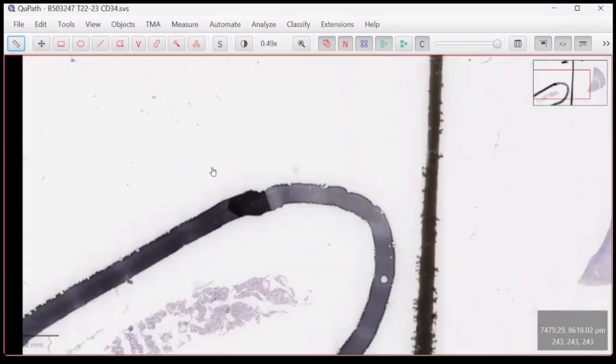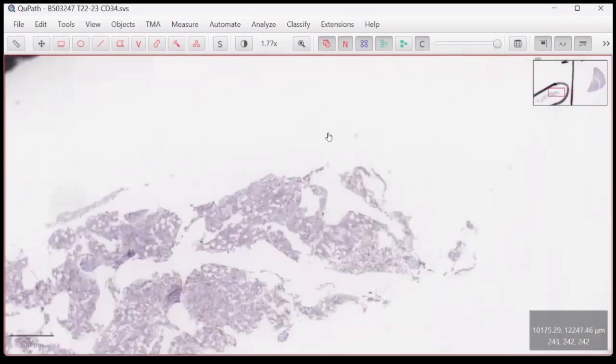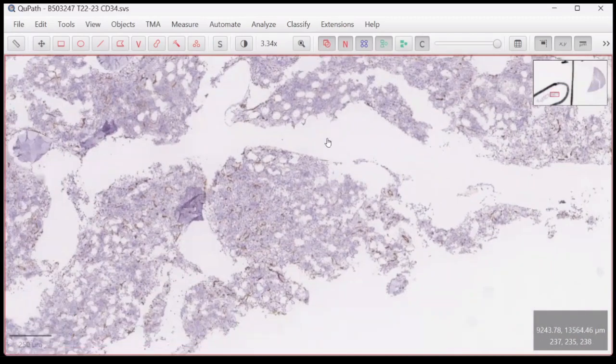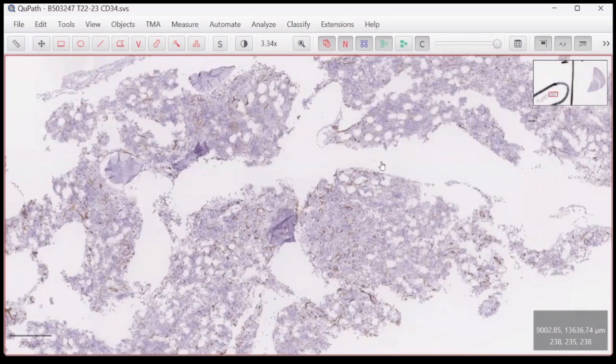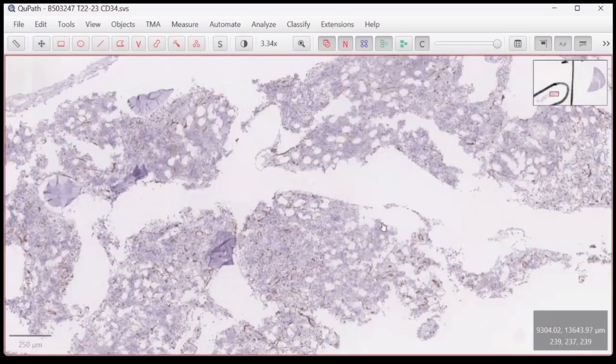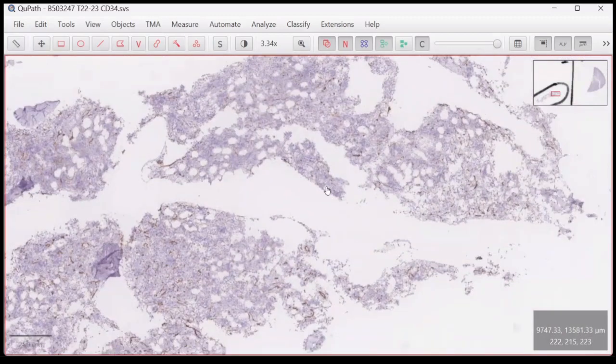And this is CD34. What can you comment comparing CD34 and TDT? CD34 is much lesser than TDT, isn't it?